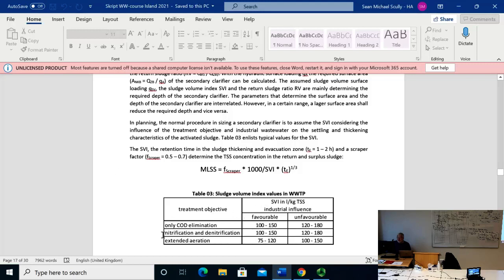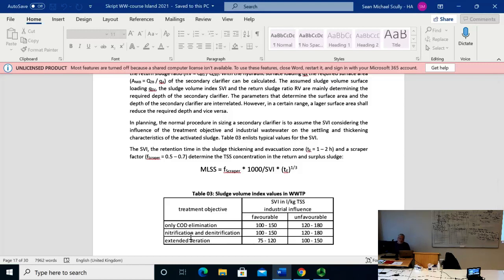For extended aeration you get lower values, and we are somewhere in between, because with nitrification, denitrification we normally choose a longer than required solids retention time, because we have some reserve in our plant for an increase in load.